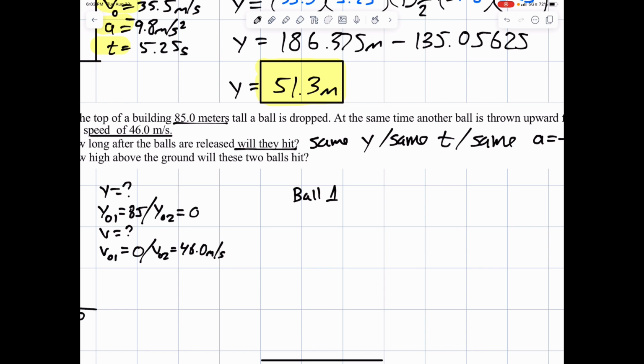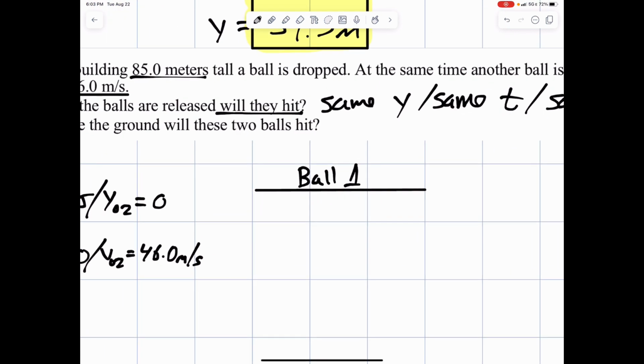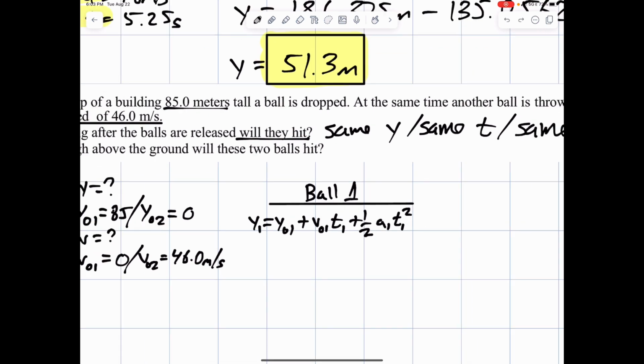I want an equation for position as a function of time. So I'm going to use equation number 9: y1 would equal y naught 1 plus v naught 1 t1 plus 1 half a1 t1 squared. So that's the equation that satisfies the dropped ball, ball 1.